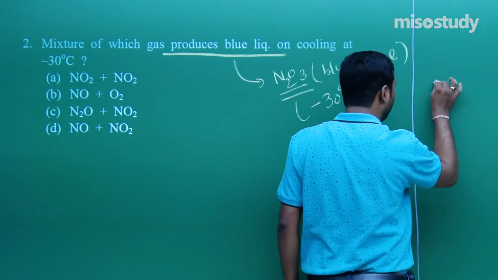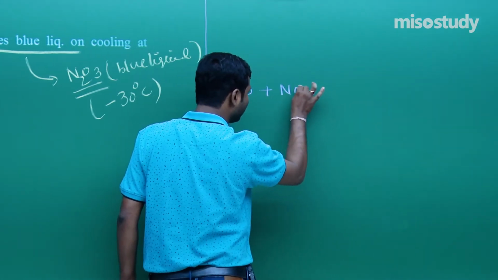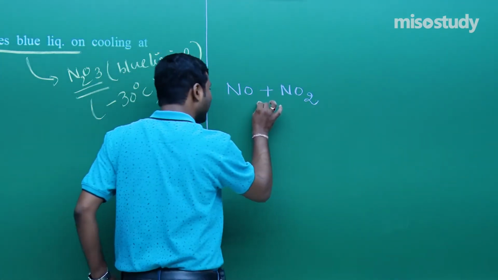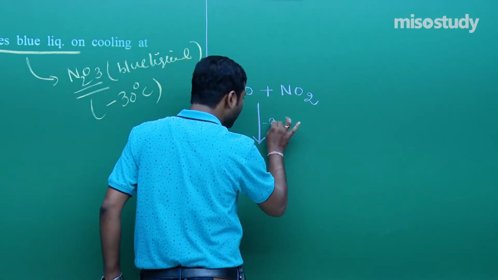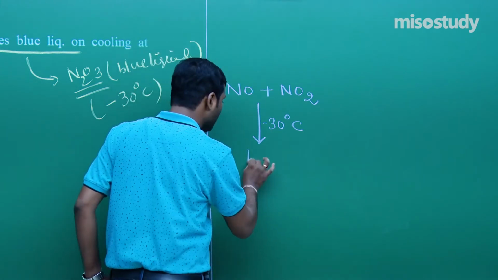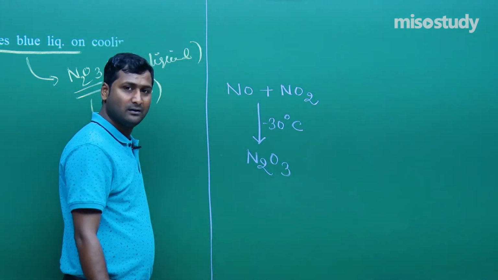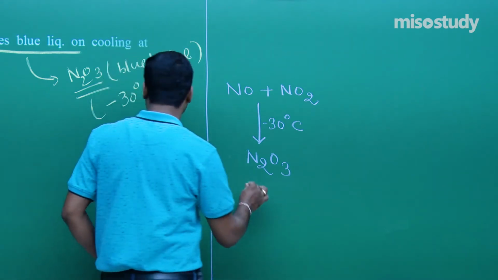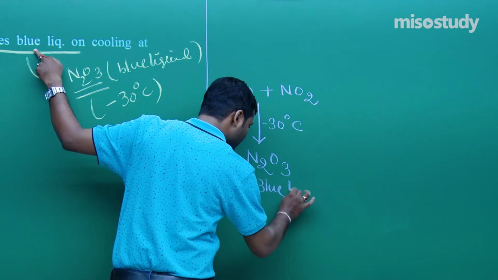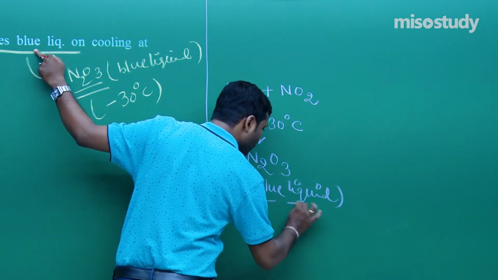If I talk about NO plus NO2, at minus 30 degrees Celsius, what will happen? It gives you N2O3, and this is a blue liquid. Clear what I'm telling? This is a blue liquid.